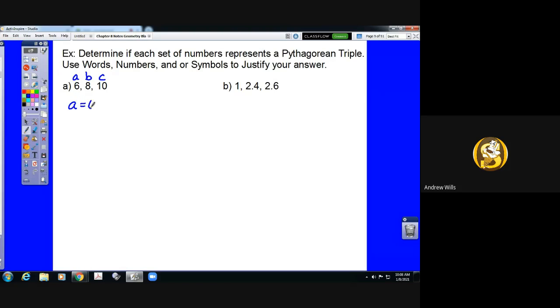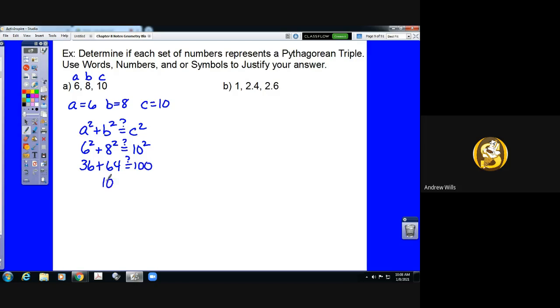Again, we are checking to see whether or not these three numbers fulfill the Pythagorean theorem. So 6 squared plus 8 squared, does that equal 10 squared? 36 plus 64 does in fact equal 100. So that is a true statement. You should have yes.